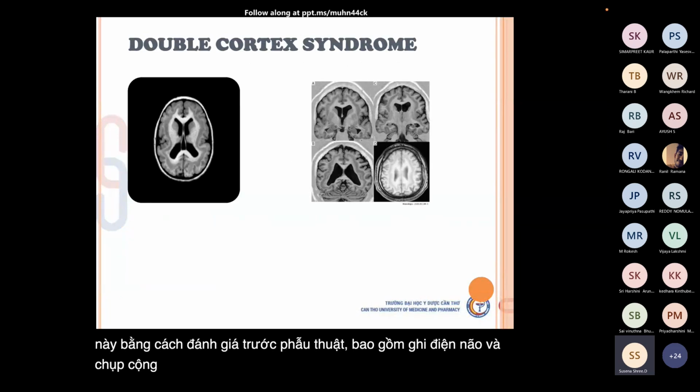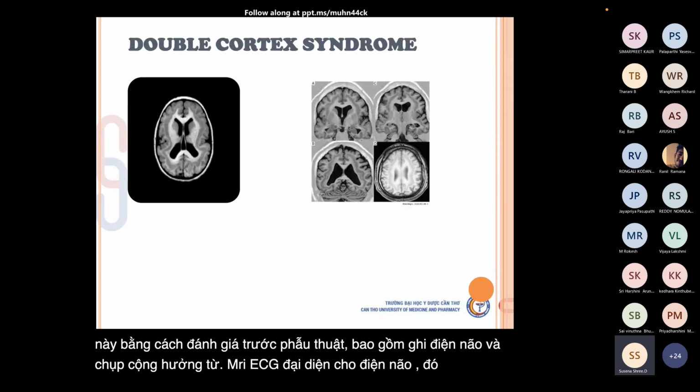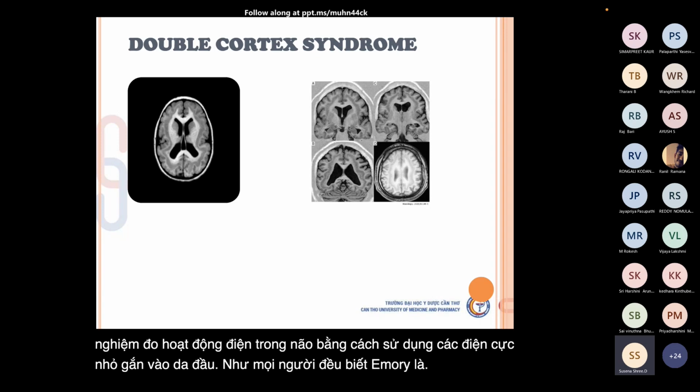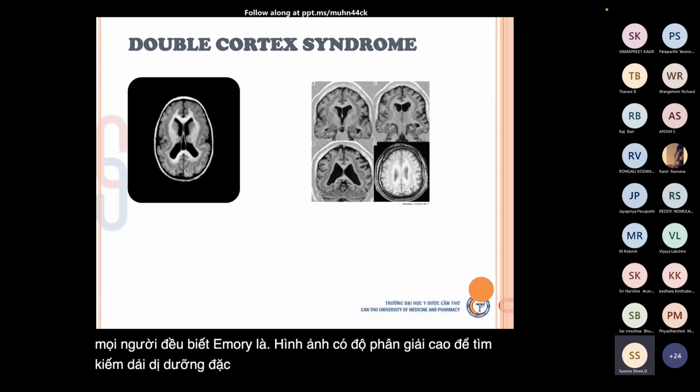EEG is electroencephalography, a test that measures electrical activity in the brain using small electrodes attached to the scalp. As everyone knows, MRI provides high resolution images to see the characteristic heterotopic band in the brain. Hence this disorder is also called subcortical heterotopia.